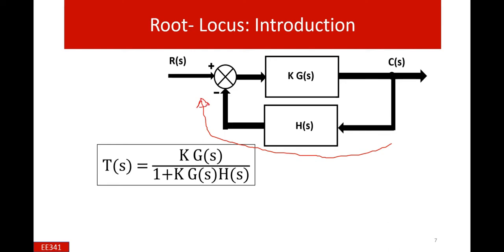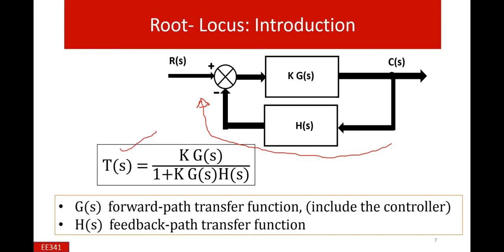The transfer function of the feedback path is H(s), and the forward transfer function is KG(s). So the closed loop transfer function is given by this relation. This is the important parameter to understand the details of the root locus.